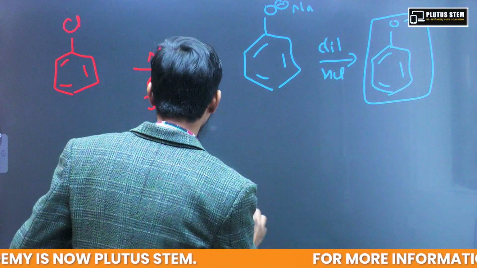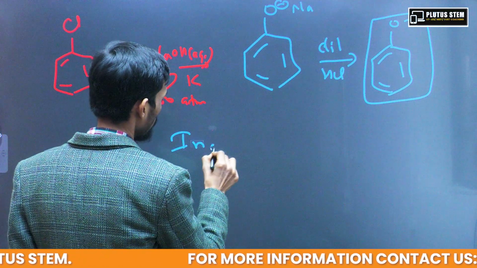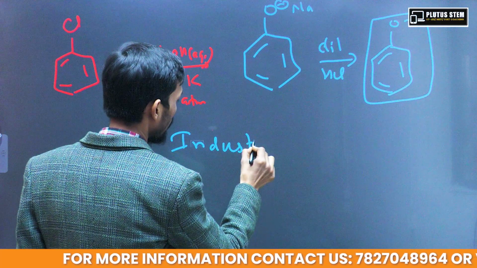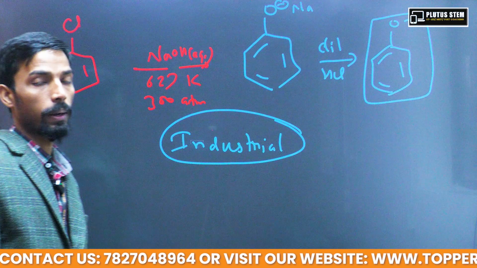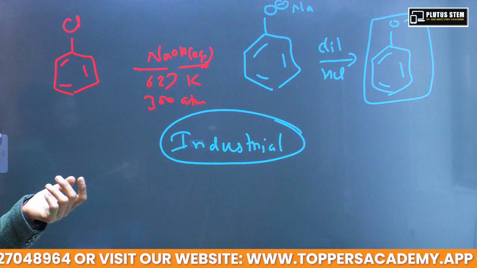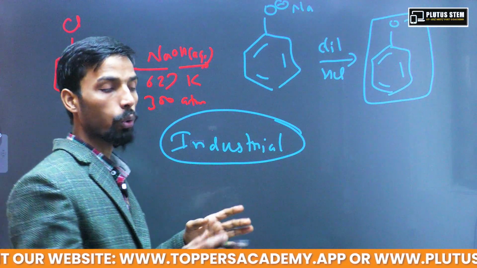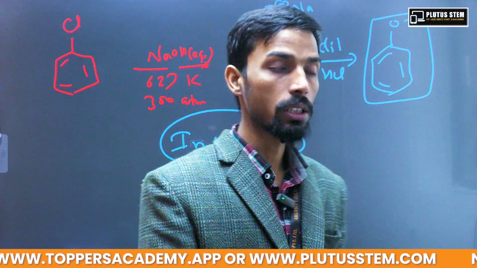This is also an industrial process, the manufacturing of phenol, which we will discuss in quite some detail in the alcohol, phenol and ether chapter, and this is the Dow process.